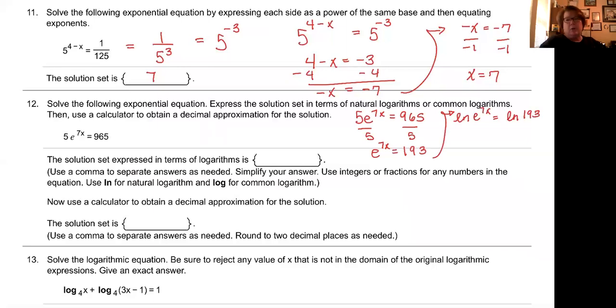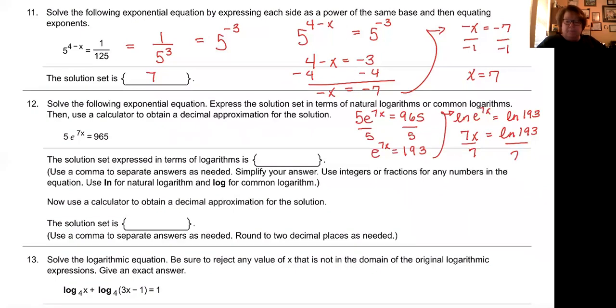And when I take the natural log of e to any power, that's going to be equal to just the power itself. So this is 7x equals the natural log of 193. Divide both sides by 7, and I get x is the natural log of 193 divided by 7.